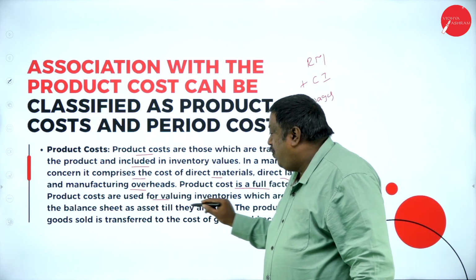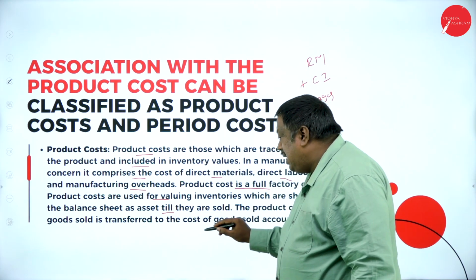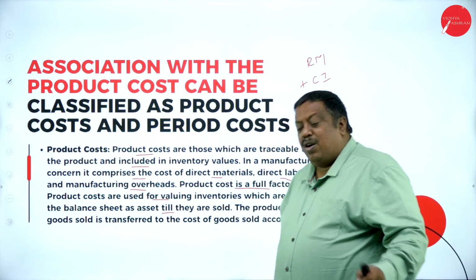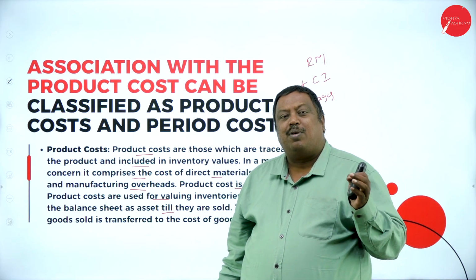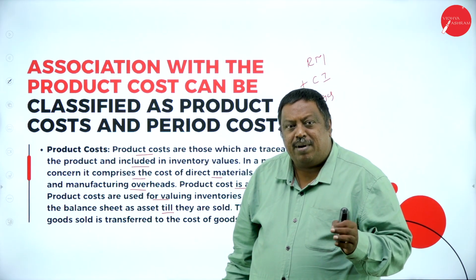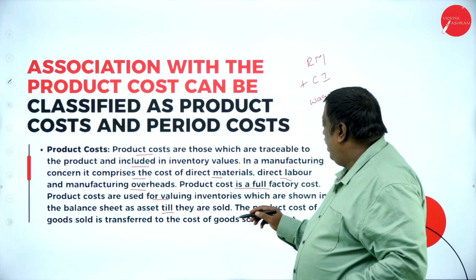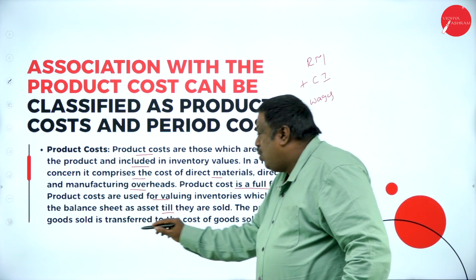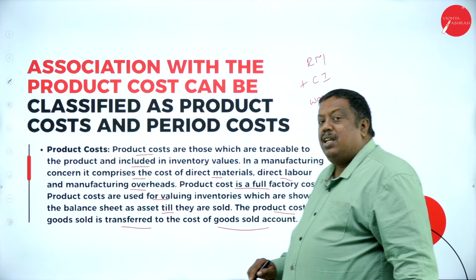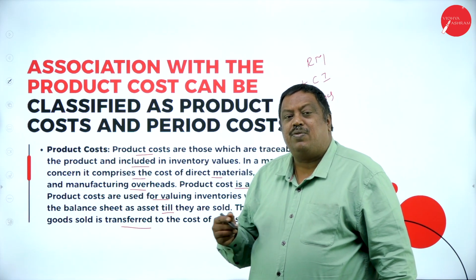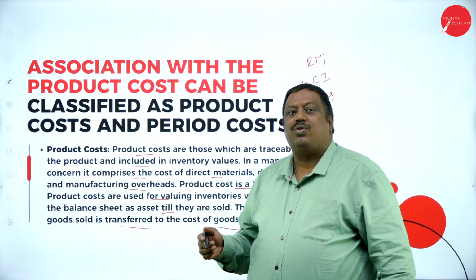Product costs are used for valuing inventories, which are shown in the balance sheet as an asset till they are sold. Means the closing stock value that we record in the books of accounts is nothing but product cost in cost accounting meaning. The product cost of goods sold is transferred to the cost of goods sold account. Every time, the cost we have for inventory is considered as cost of goods sold.